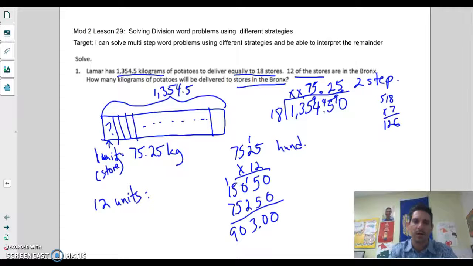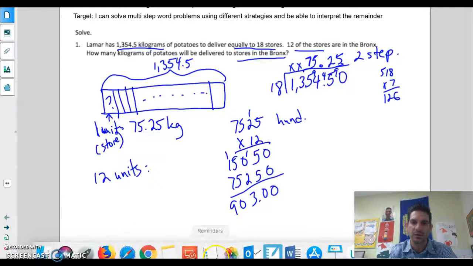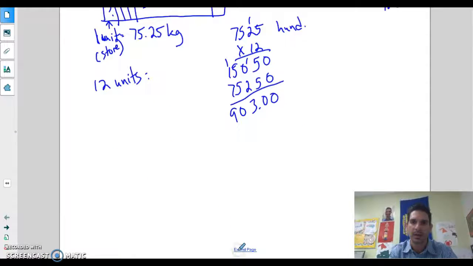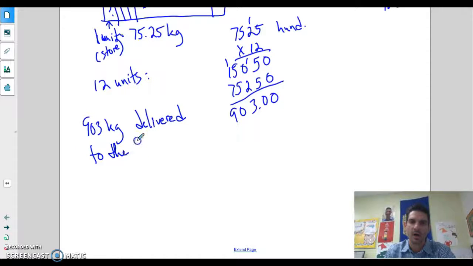Okay, so I got an answer of 903 kilograms. So there will be 903 kilograms delivered to the Bronx. All right, let's look at the next one.